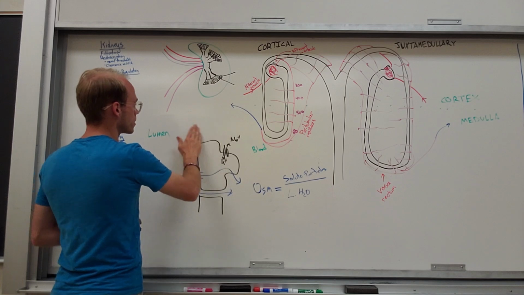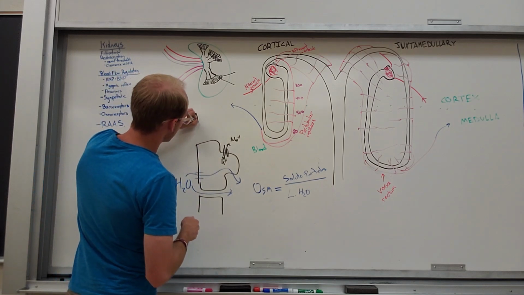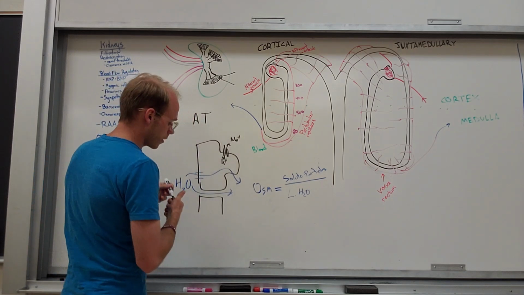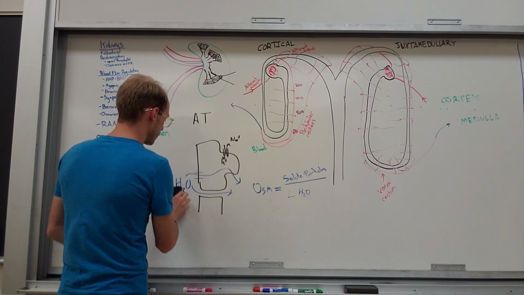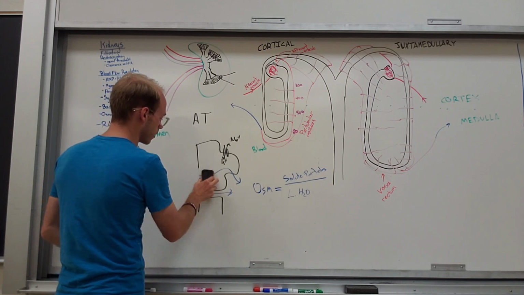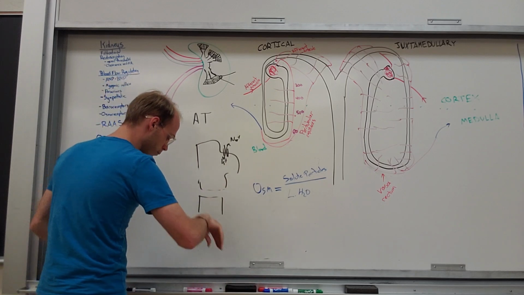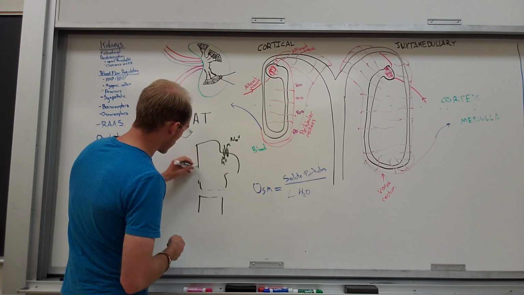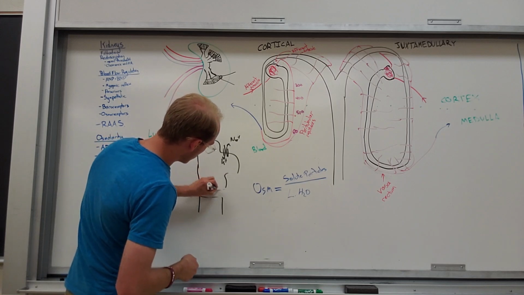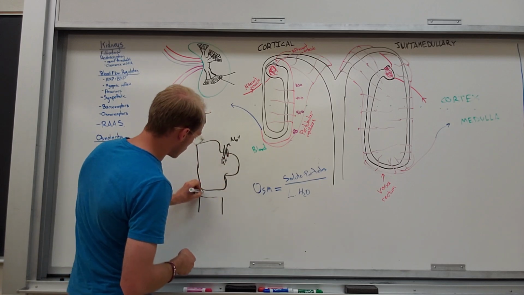Now we're going to talk about the ascending tubule. We're just going to abbreviate that as AT. This one is kind of like the exact opposite. So we have our cells, but I'm going to draw a really interesting thing.